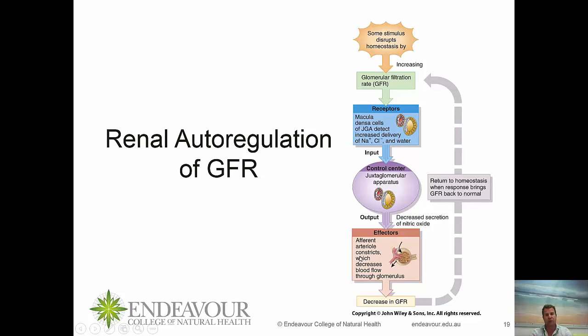And if we're constricting the blood flow, we are then decreasing the GFR. Okay? So there's vasoconstrictors and vasodilators involved in that process. They've actually talked about the decreased secretion of nitric oxide, but there's vasoconstrictors and nitric oxide involved. But the net result is that little system of sensing flow results in decreasing our GFR.